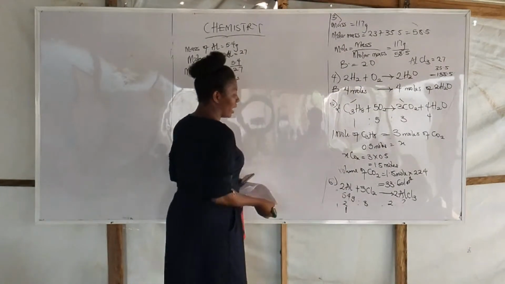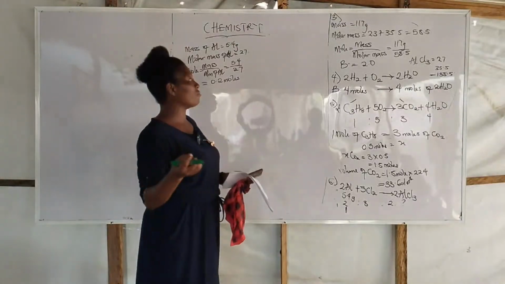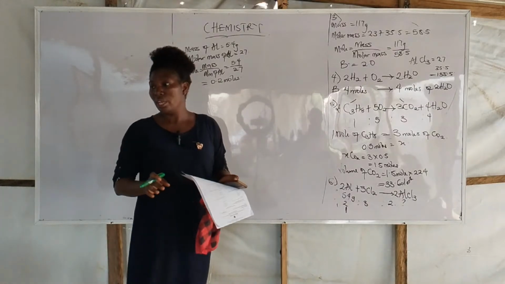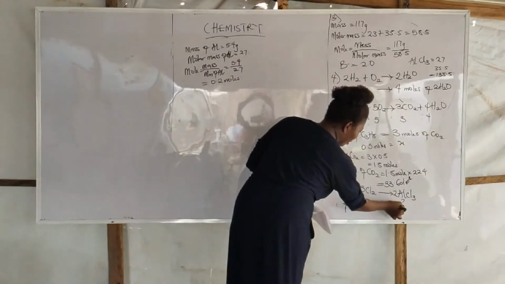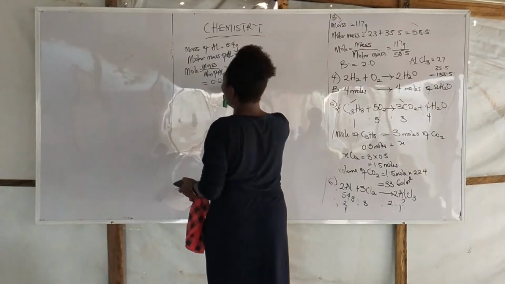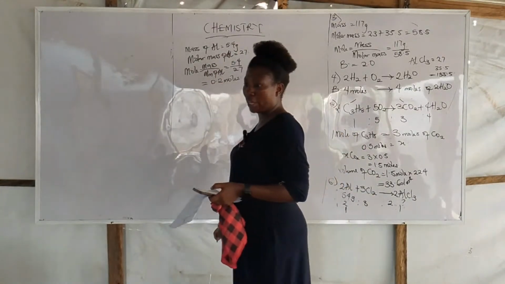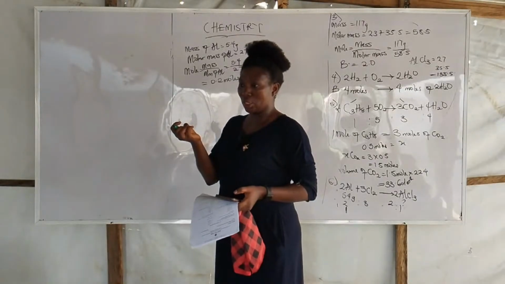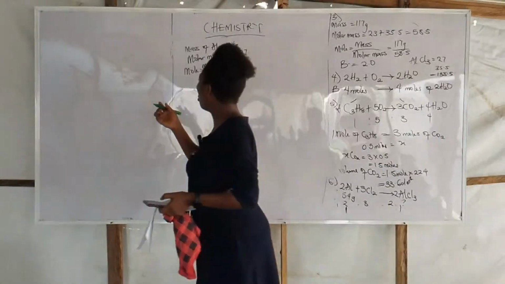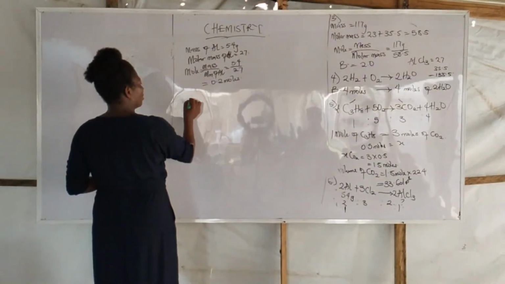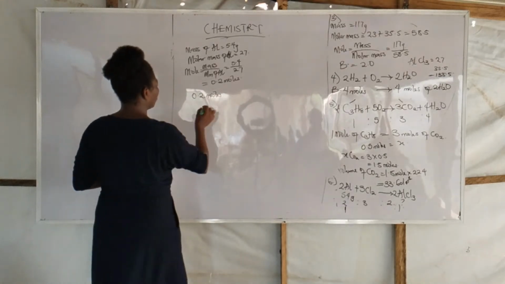And in this case, we've calculated the moles of the aluminium to be 0.2 moles. So if 1 mole of aluminium gives us 1 mole of this, then 0.2 moles of aluminium will give us the moles of aluminium chloride.